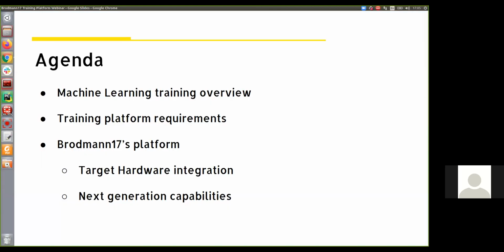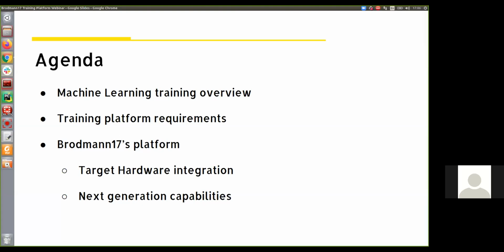So what I'm going to cover in this short time we have will hopefully fill you in on what I believe are the most important key points in building machine learning software, and our platform in particular. I'll start with a general overview of what training models entails from start to finish. I'll detail the important, often overlooked factors that are required for an effective machine learning platform.